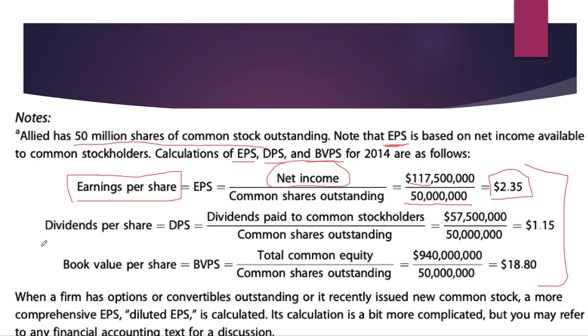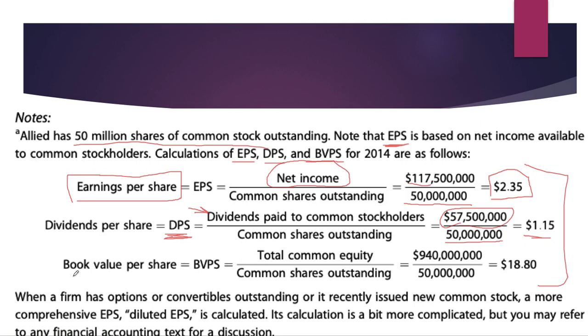The second quantity is dividends per share, denoted as DPS. How is this calculated? It's simple. The total amount that is paid as dividends is 57.5 million US dollars. We divide it by the common shares outstanding, which is 50 million, and we get 1.15 as the dividends per share.